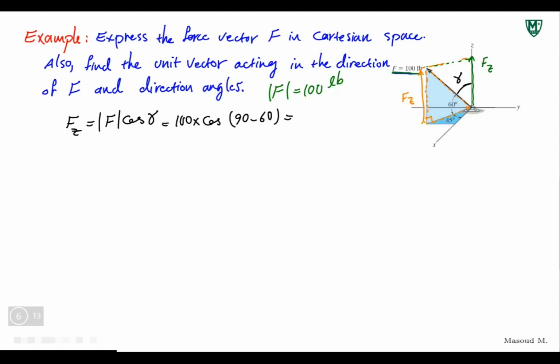I know the magnitude, or hypotenuse in this case, is 100. So I can just go with the definition: sine 60 degrees is equal to FZ over the magnitude of F. So we can find FZ by saying the magnitude of F multiplied by sine 60 degrees. Either this or that, you'll get the value for FZ, the component of this vector along the z-axis.